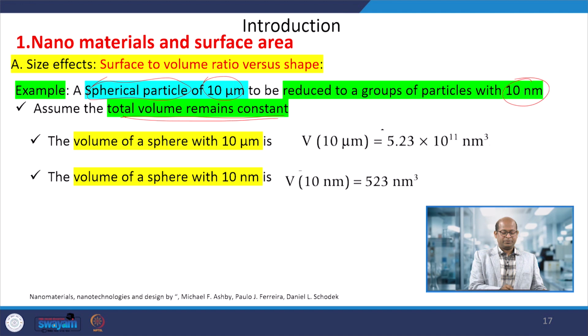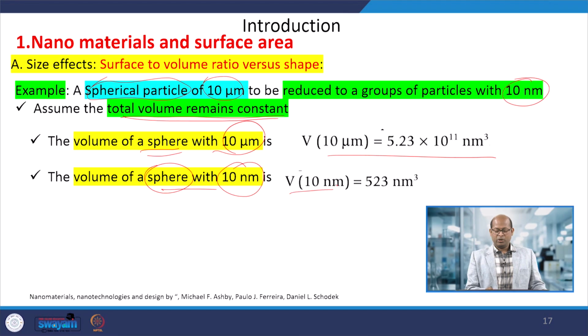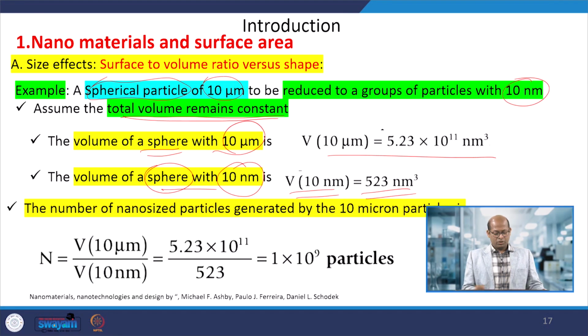As per the 10 micrometer spherical particle, the total volume would become this, and when the sphere is converted into nano size, the volume by considering the 10 nanometer radius would be this. So this is equivalent to 1 sphere, this is a 10 micrometer sphere, this is 1. If we make a ratio, the total volume remains constant.